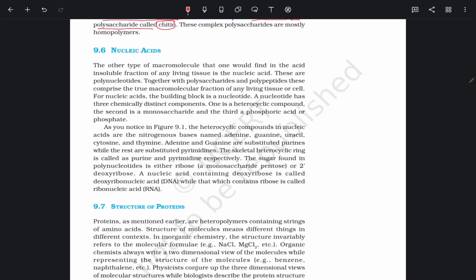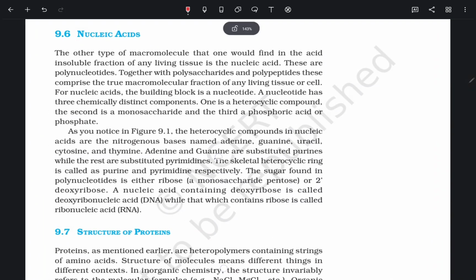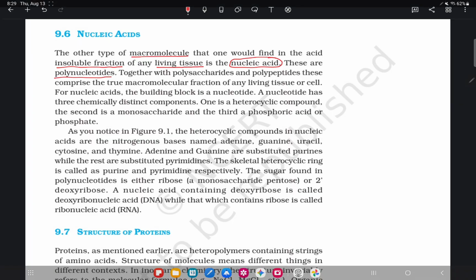Nucleic acids. The other type of macromolecules that one would find in the acid insoluble fraction of any living tissue is the nucleic acid. These are polynucleotides.